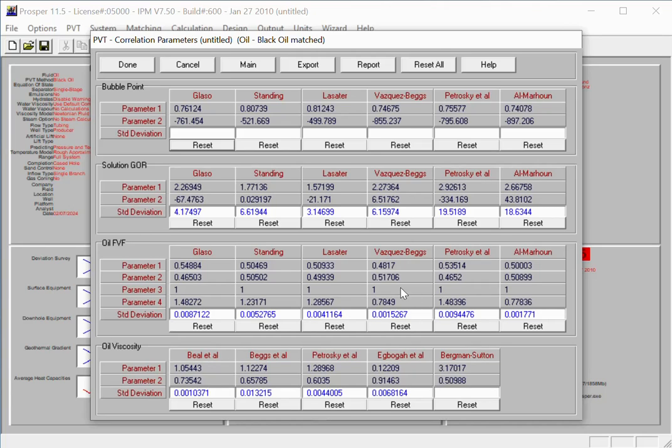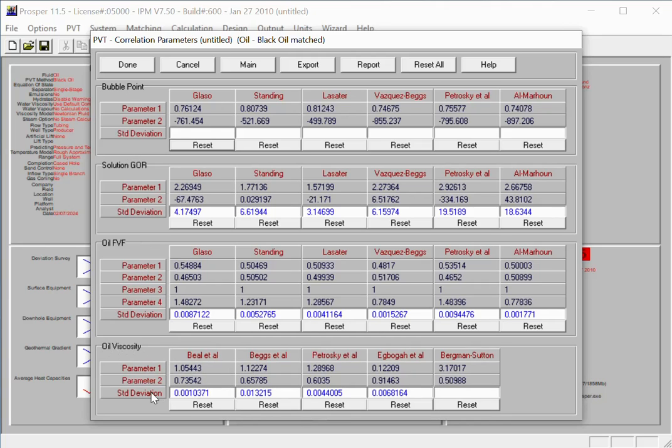So if I choose this, then this will be greatly affected since it's higher than this and also higher than this, and then also the value here is also high. So I'll still stick to Lasetta, which is still giving me a pretty small value. Yeah, so I'll use Lasetta for the bubble point, GOR and oil formation volume factor.